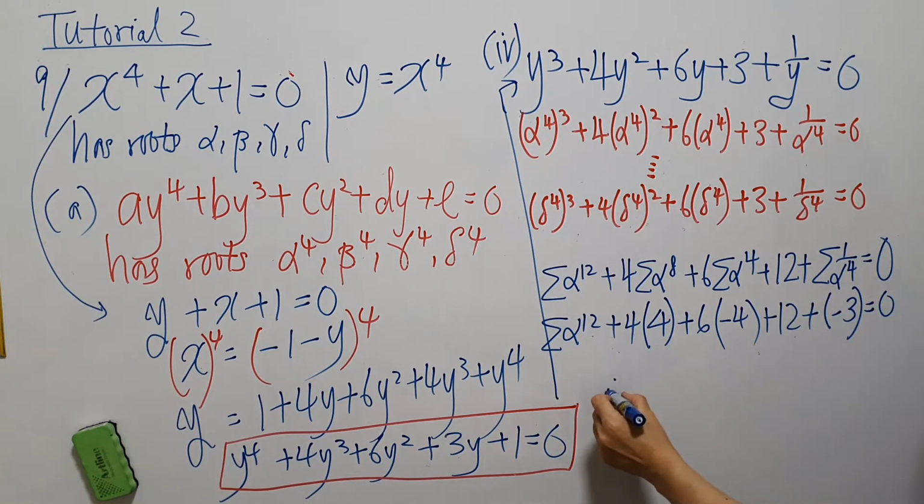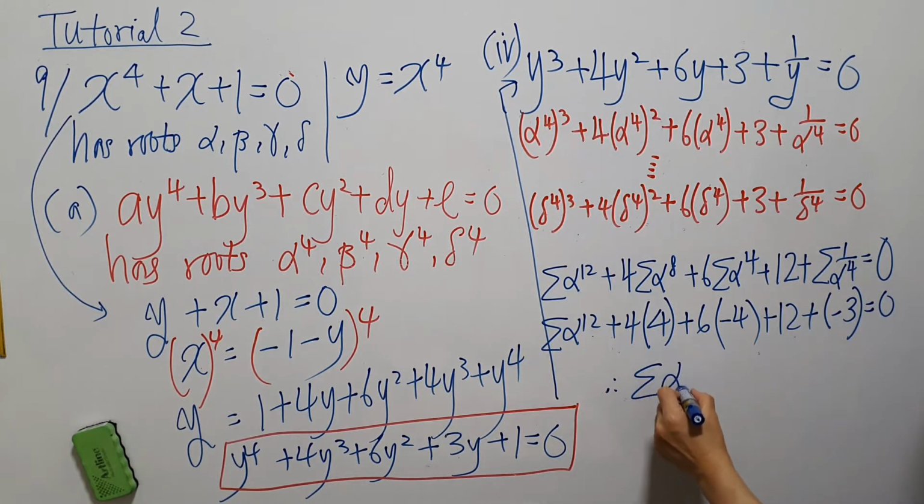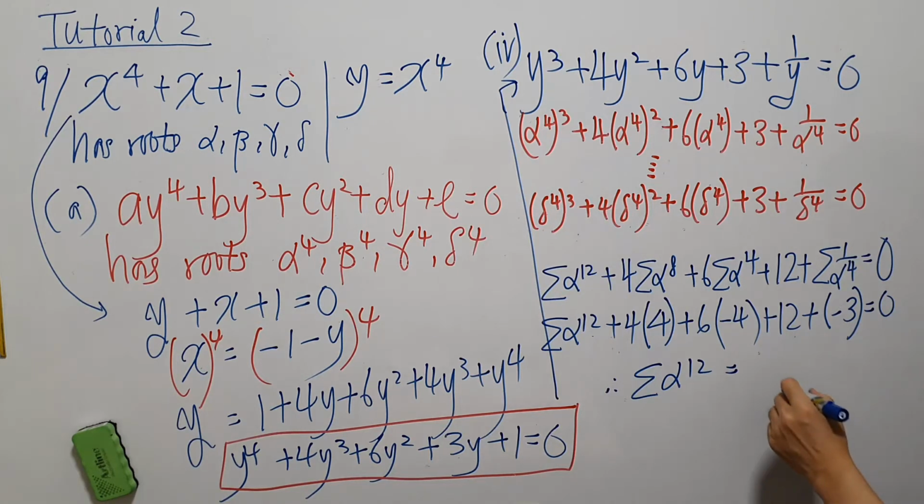So therefore your summation of alpha to the power of 12 is equal to, let me see, 16, 28, 24, 4.